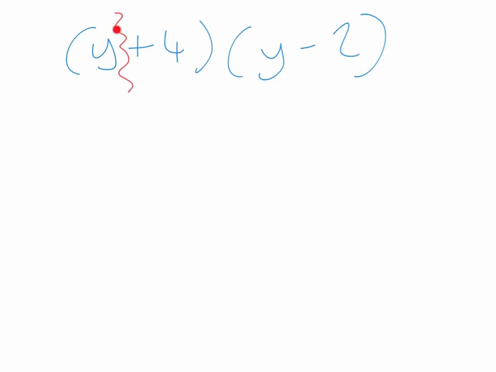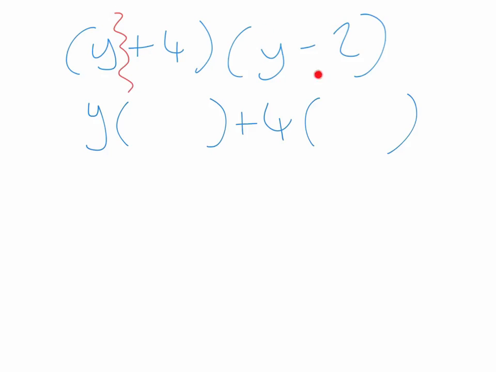The first term in the first egg comes down here, so we get y and a set of brackets, and the second term in the first egg comes down here, so we get plus 4 and a set of brackets.